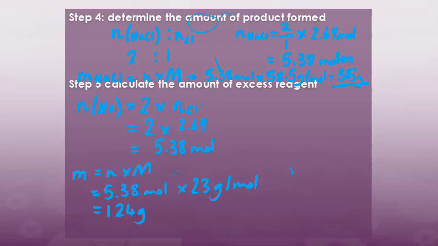So in excess, I started with 143 grams, so take away 124 grams. So I'm going to have 19 grams of sodium in excess left over.